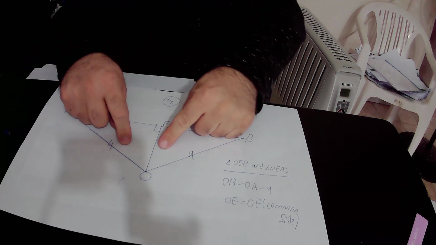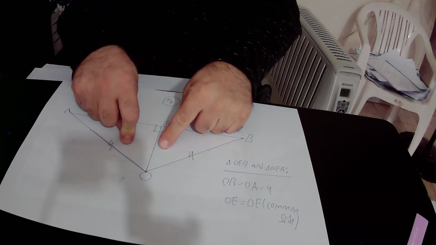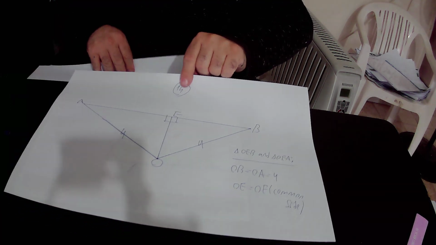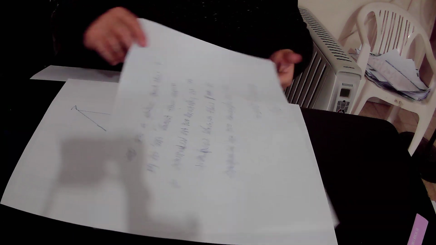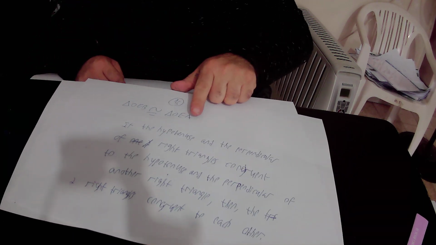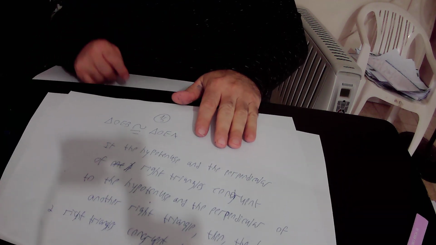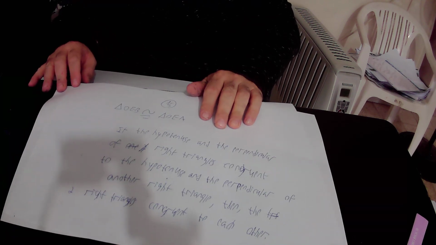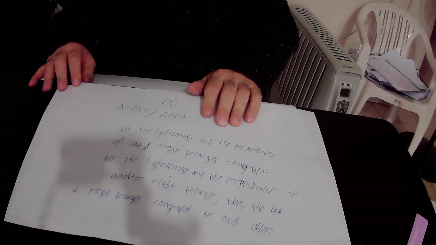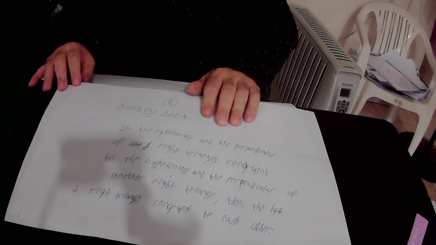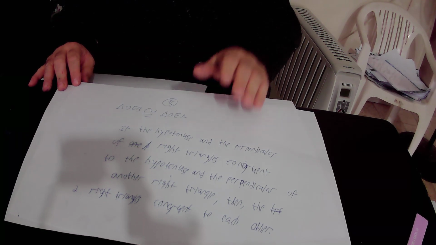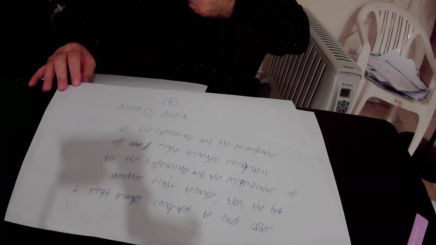Therefore we proved that those two right triangles can go into each other according to the rule that if the hypotenuse and the perpendicular of one right triangle can go into the hypotenuse and the perpendicular of another right triangle, then the two right triangles can go into each other.